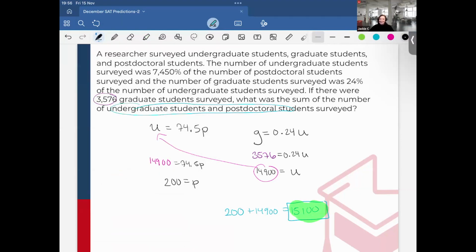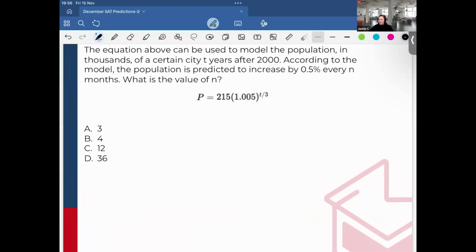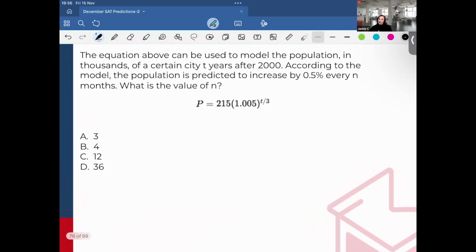Amazing. Okay, so continuing our journey into more percents. These also come up on every single exam. Make sure you feel really confident with the compound interest formula, aka amount equals principal times 1 plus or minus the rate, raised to the t.